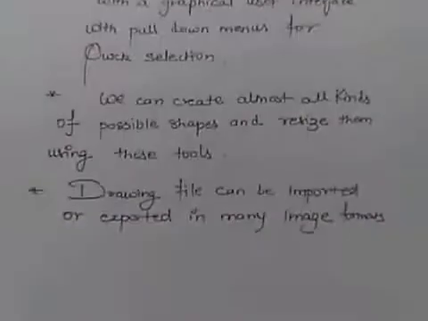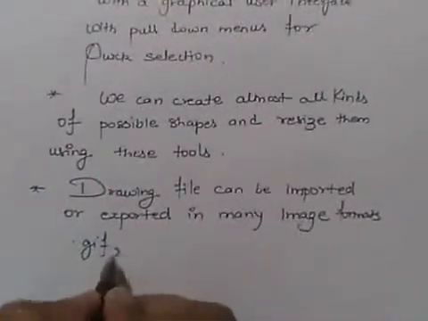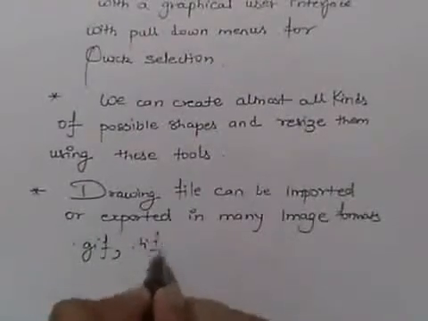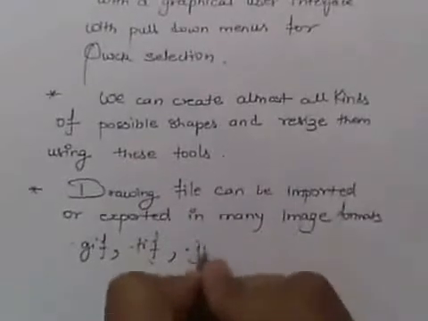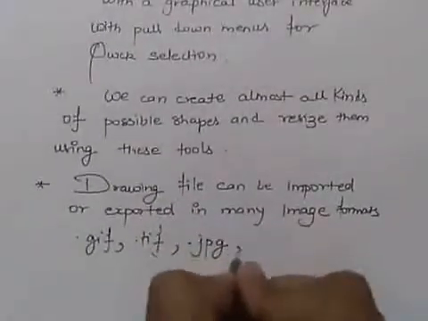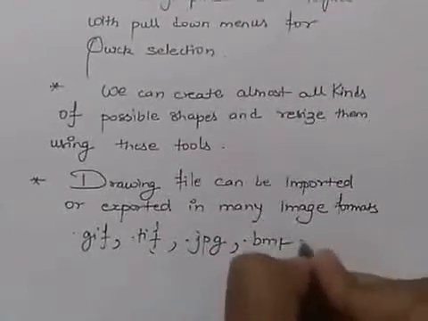For example, we have .gif, we have .tif, we have .jpg, we have .bmp, etc.